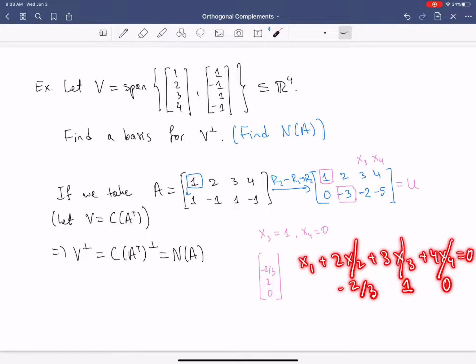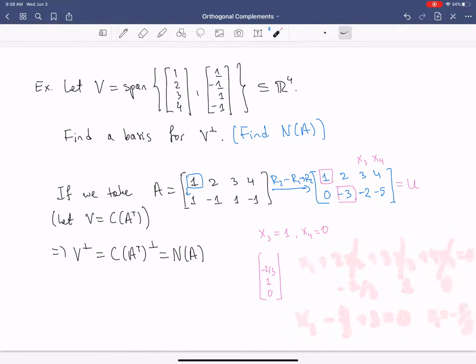So what we have here is x1 minus 4/3 plus 3 is 0. And negative 4/3, you can add 9/3 there. You would have 5/3. Going to the other side, you get x1 equals negative 5/3. So we have negative 5/3 here. That's the first special solution.